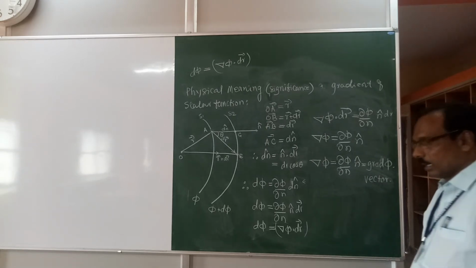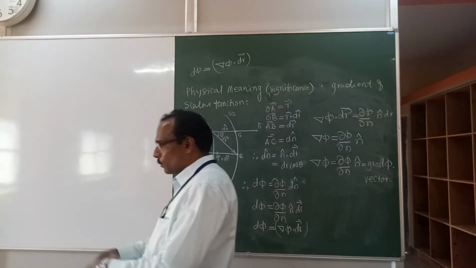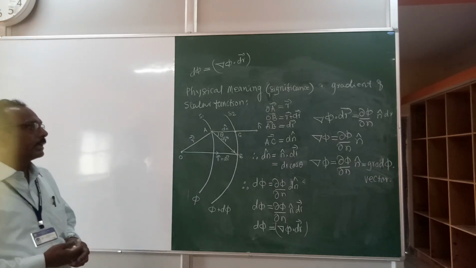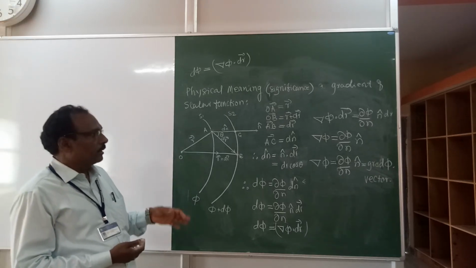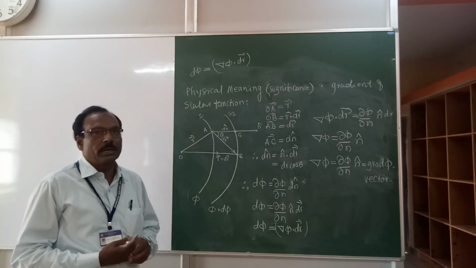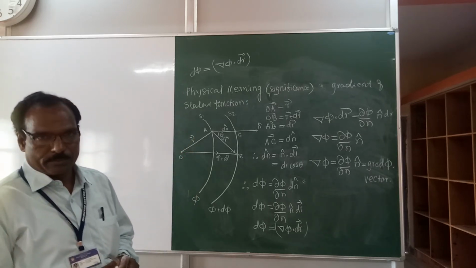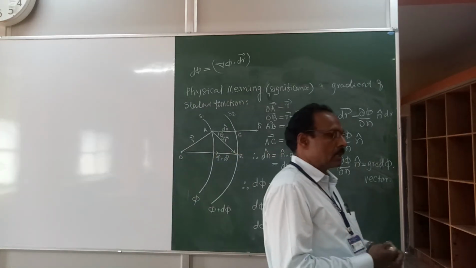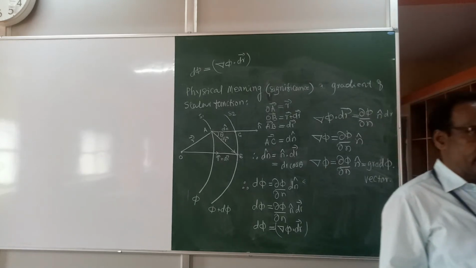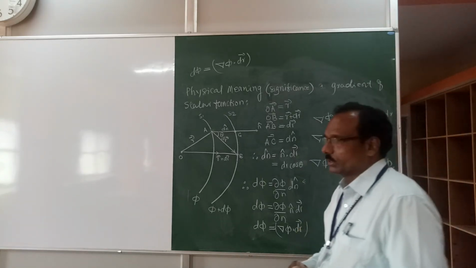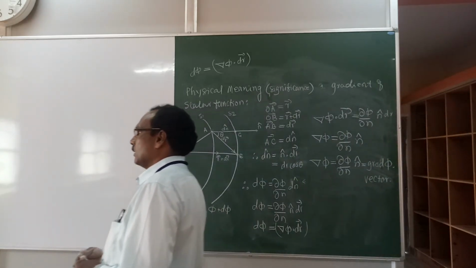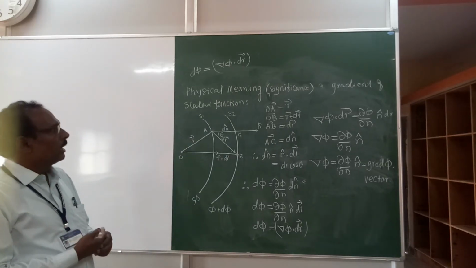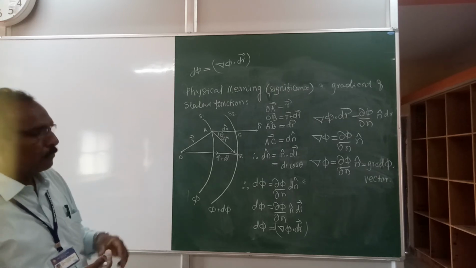That means in a scalar field, if a quantity is a scalar, we can convert that by finding its gradient as a vector. So this is a mathematical tool. Suppose we have been given a scalar field, I want to find its equivalent vector field.